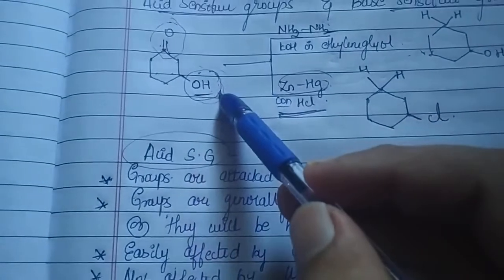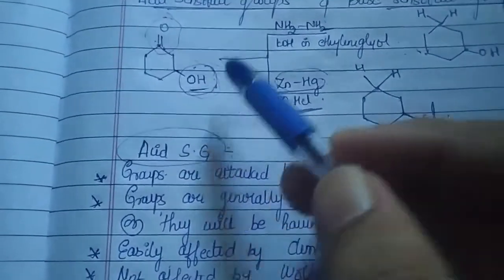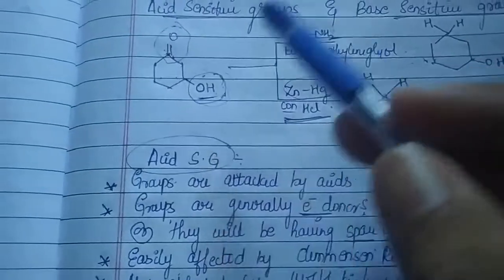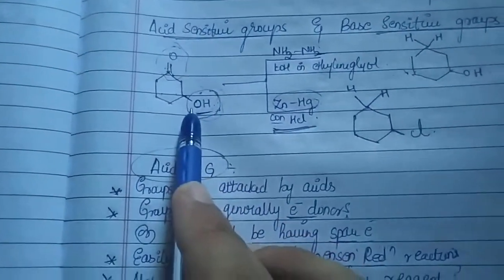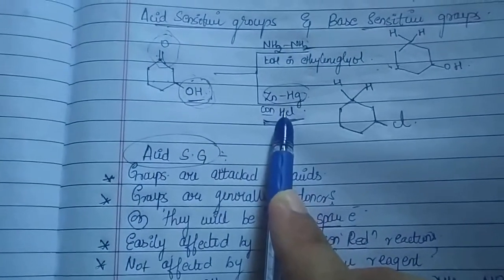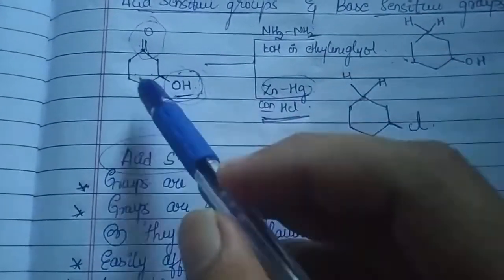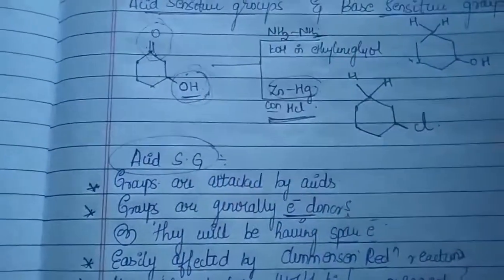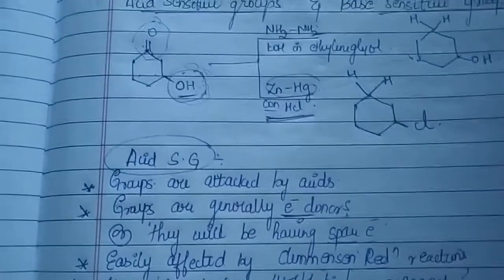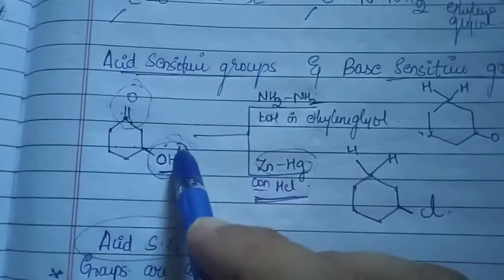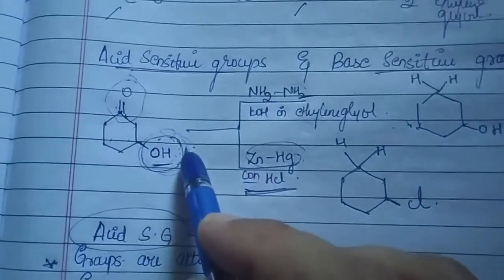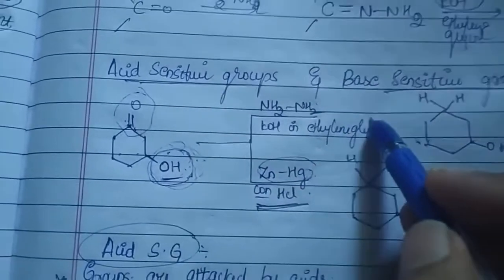Of course, this is an acid sensitive group. So whenever you are subjecting this acid sensitive group to your Clemmensen reduction, it will also get changed. But if we don't want this part to be changed, what we have to do is take a basic medium.